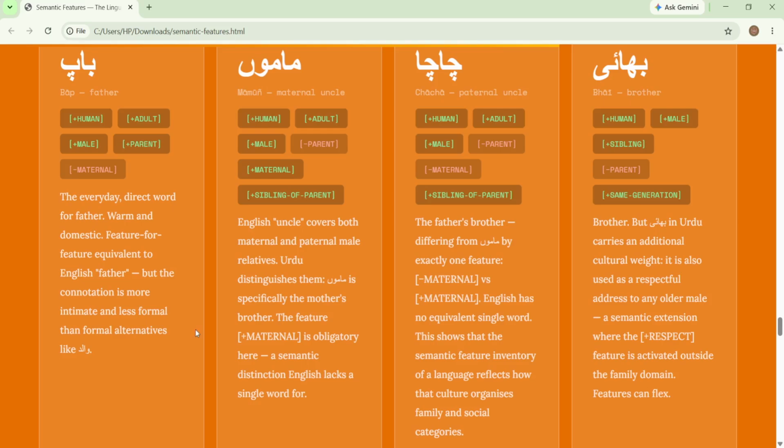a single word for. So the other word is abbu, father. So human, adult, male, parent, not maternal. The everyday direct word for father, warm and domestic, feature for feature equivalent to English father. Another word for this one is walid, which is a more formal term.